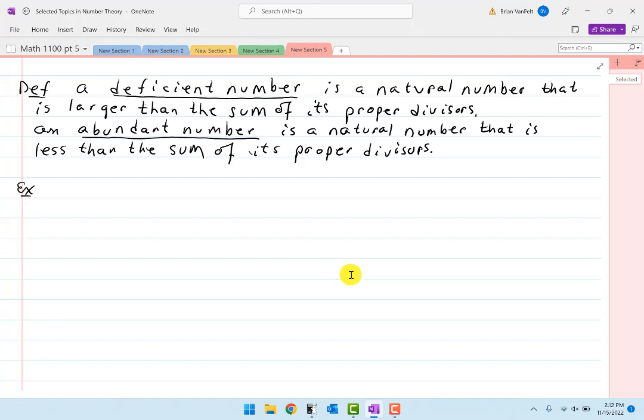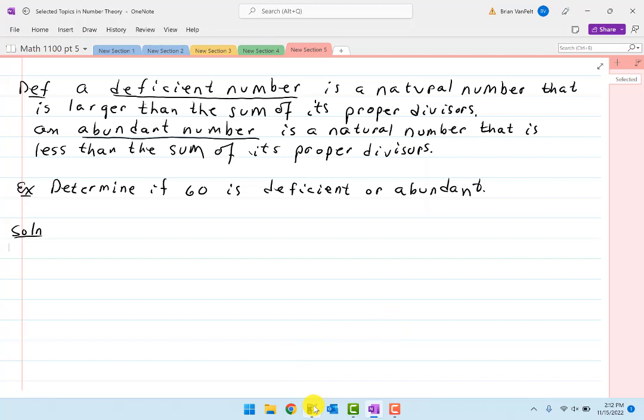So as an example, determine if 60 is deficient or abundant. Well, as usual, let's take the square root to begin.